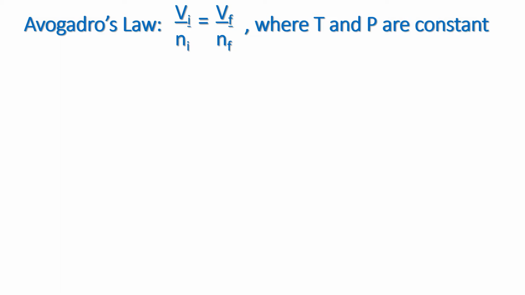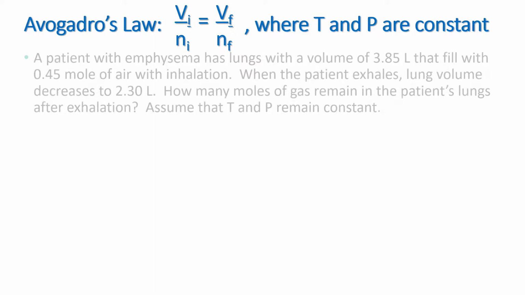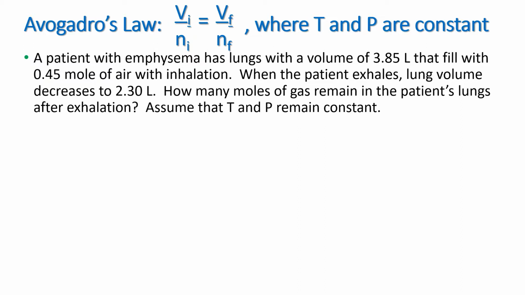Here we have Avogadro's law, which states that initial volume over initial moles is equal to final volume over final moles, where temperature and pressure of the gas are held constant. So if we introduce a problem, we can see how we're expected to solve for one of the unknown variables with this formula.